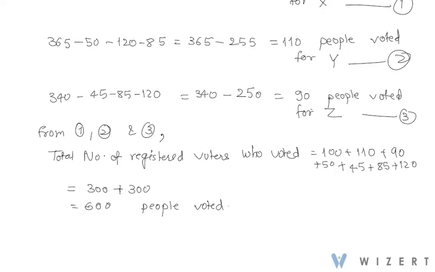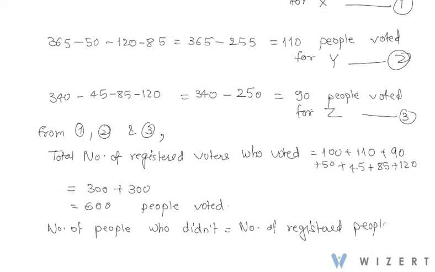Now we can say that the number of people who didn't vote is equal to the number of registered people minus the number of people who voted.